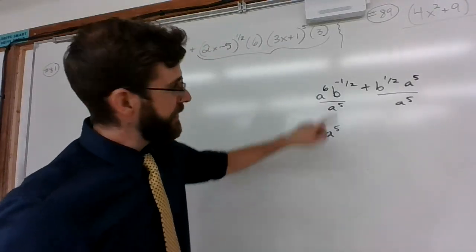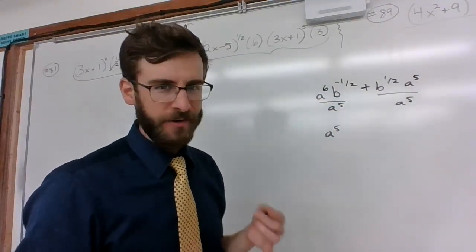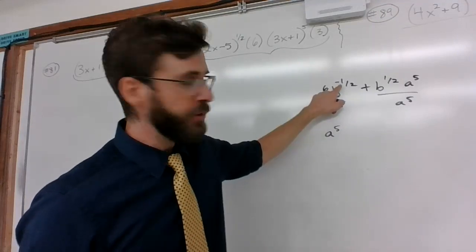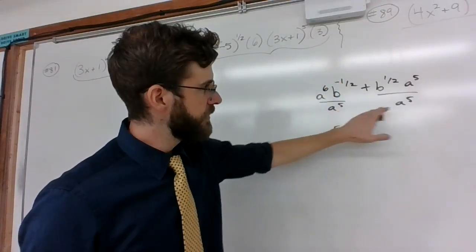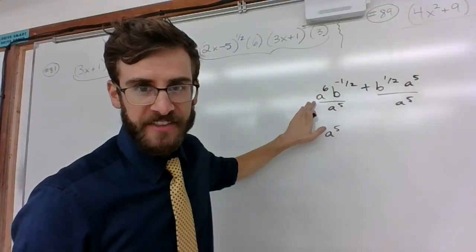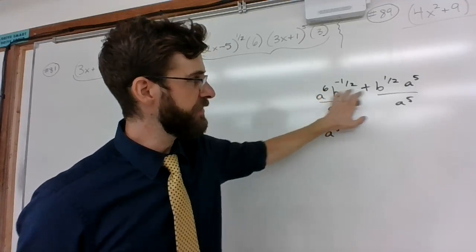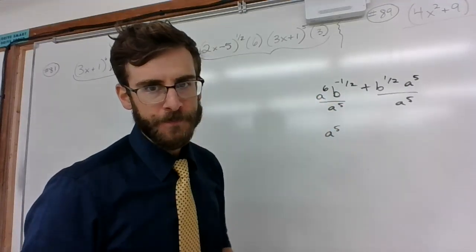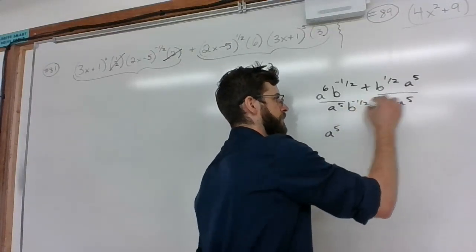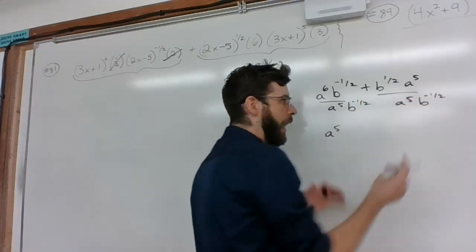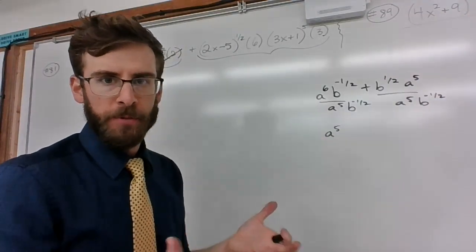Similarly, these both share something. It's hard to see that when you have a fractional exponent, but when you compare it to the A's, we took out the smaller of the A's, the A to the 5th. Which of these is the smaller of the two? B to the negative half. So I'm factoring out the smaller part that both of them have.